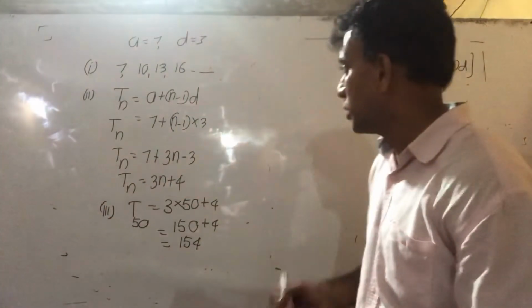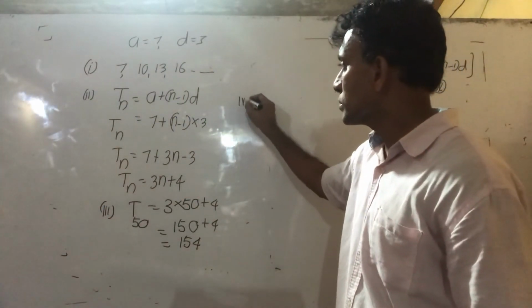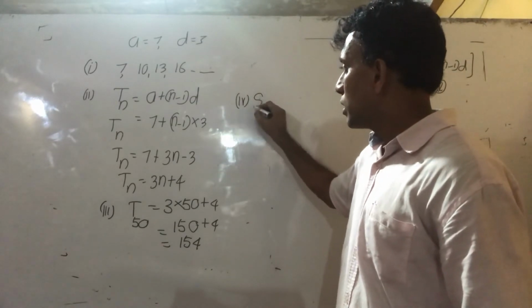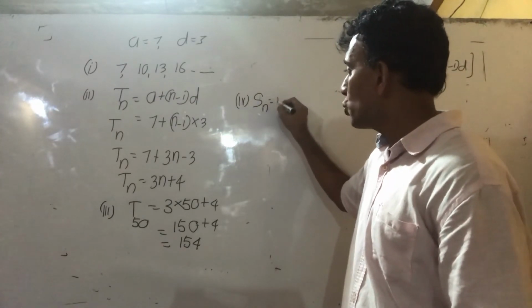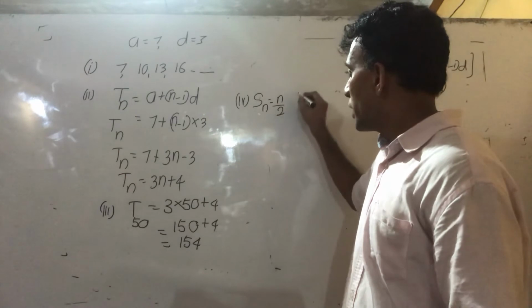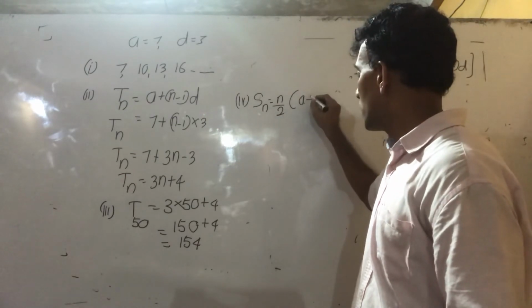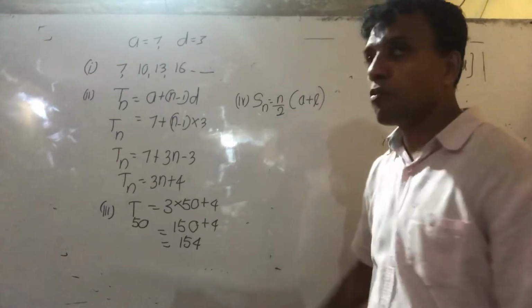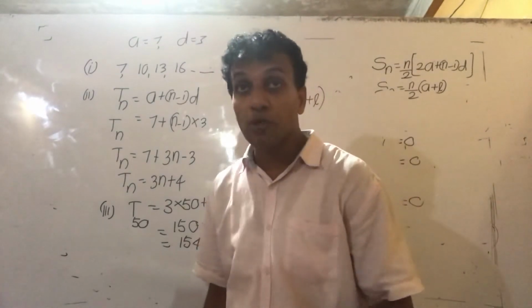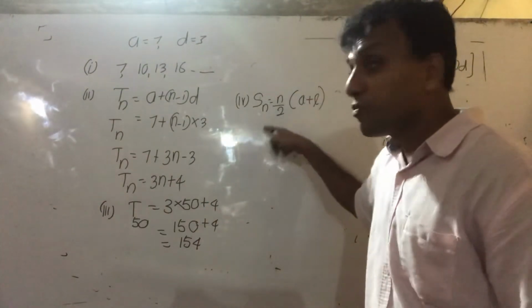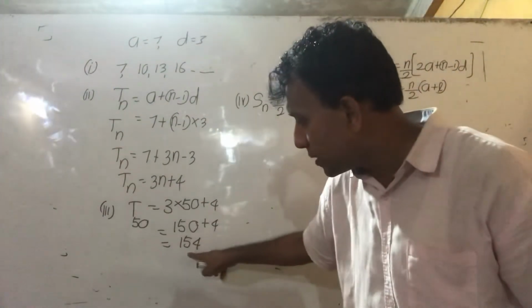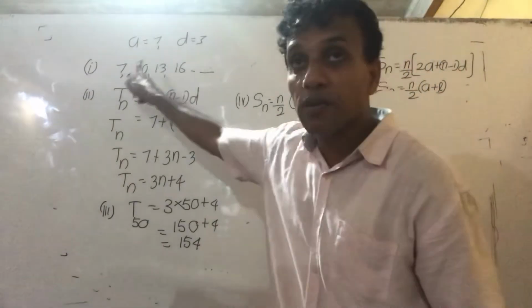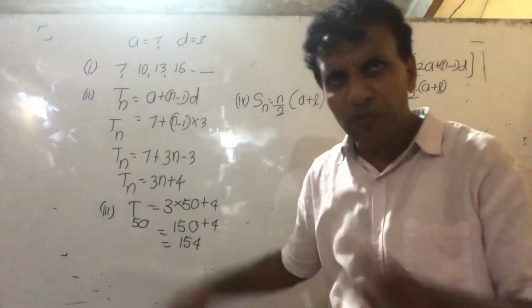Sn equals n by 2 times (A plus L). This is the sum of n numbers, the easy form. Because you know the last number, the 50th number, you know the answer. What is A? 7. What is N? 50. Everything is known.